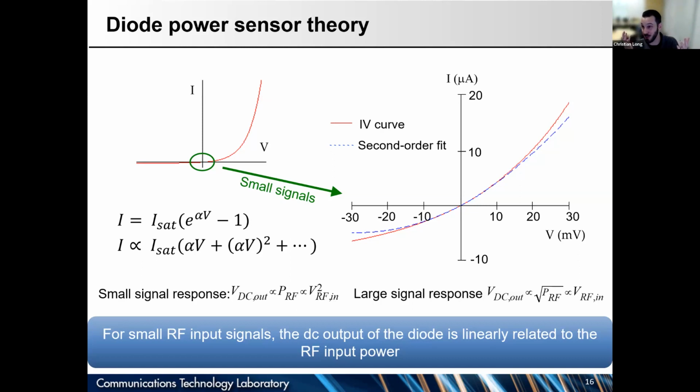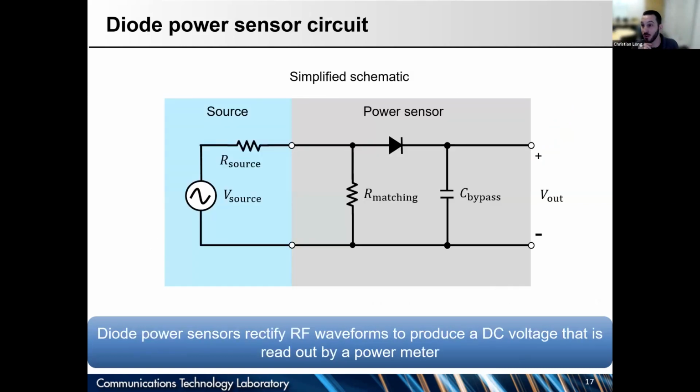So it's a nonlinear device, but it does measurements that take high frequency power and convert them to DC signals. It's all in the electrical domain, and electronics are pretty fast. So on the whole, it's a pretty fast power sensor and a pretty sensitive power sensor.